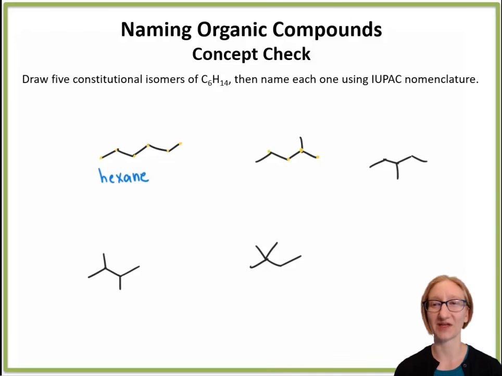Okay, now naming the alkanes, the first one, the straight chain, is linear hexane. The second has a methyl group in the 2 position, and the parent is a 5-carbon chain. So this is 2-methylpentane. The third has a methyl group in the 3 position, and is 3-methylpentane.